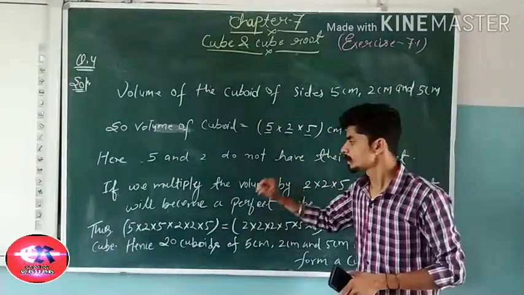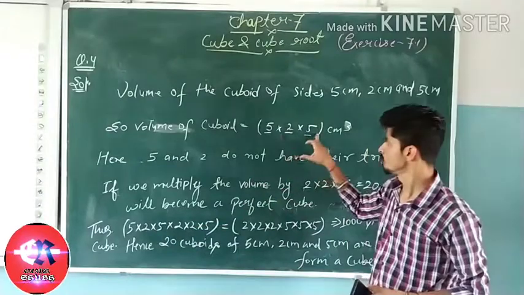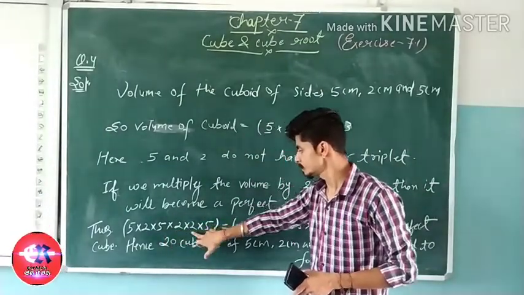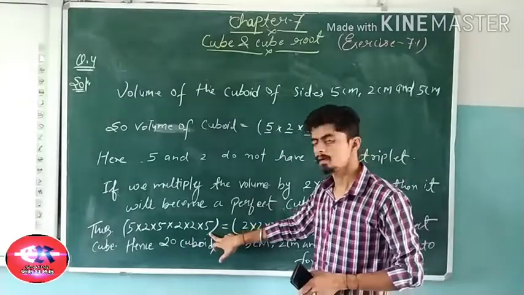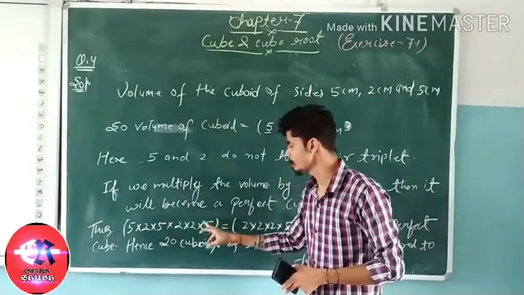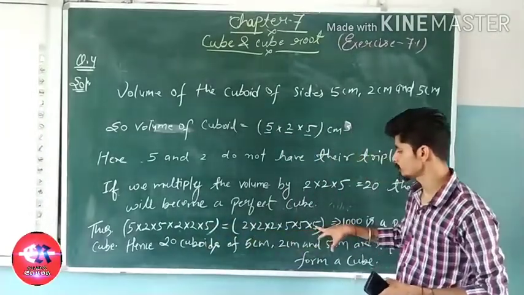So 5 into 2 into 5, which we already have as the volume, and these numbers we want: 2 into 2 into 5, to make the volume a perfect cube. So we have to arrange here 3 times 2 and 3 times 5.